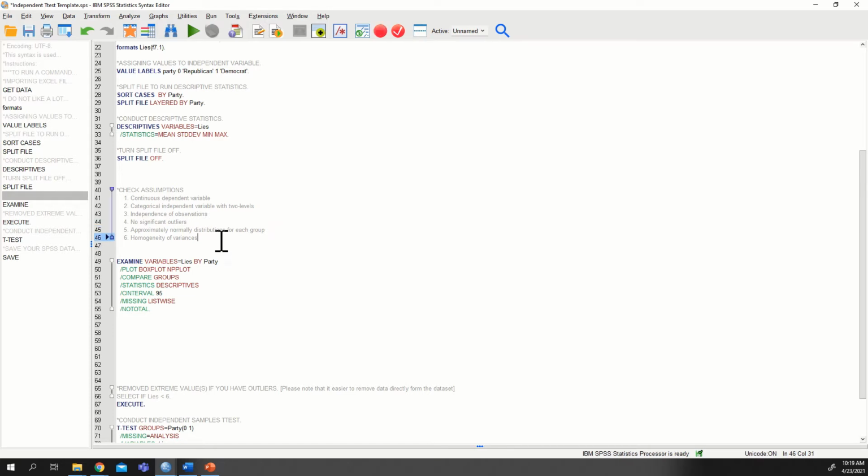And the last assumption is the homogeneity of variance between your two groups. So you don't want to compare groups that are not representative of the population, at least of the distribution of the population, and two, when you have two groups that differ in their variances, that could impact the results, because you may have one group that has more extreme values at the ends of the tails versus another group that doesn't.